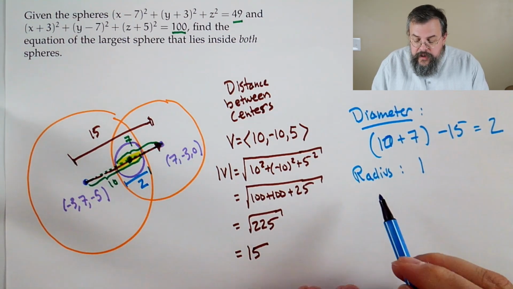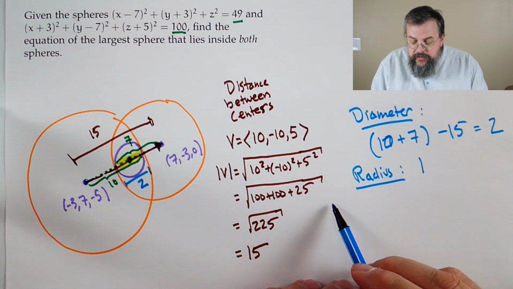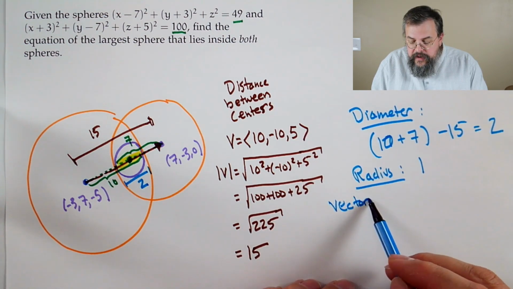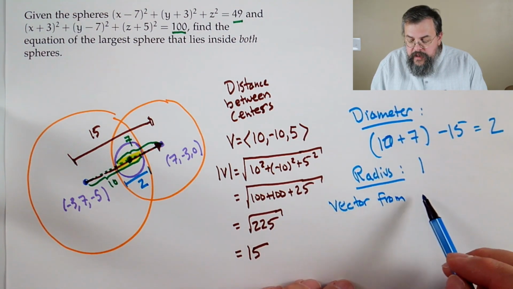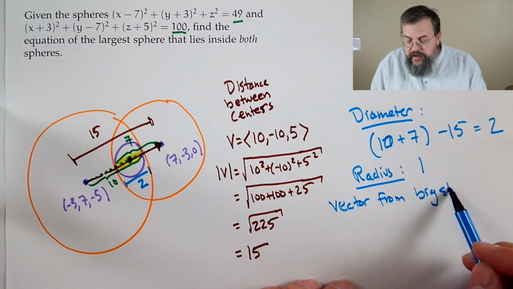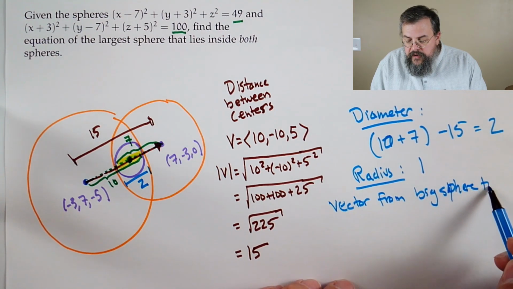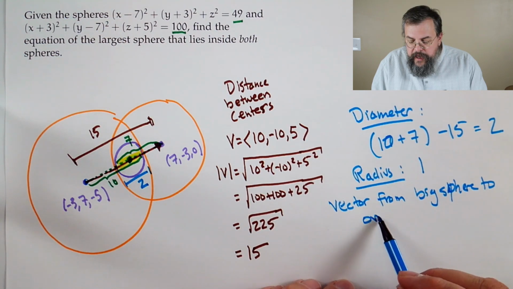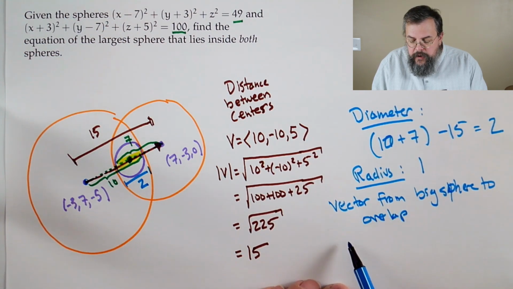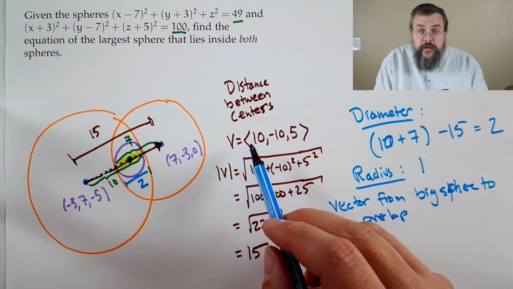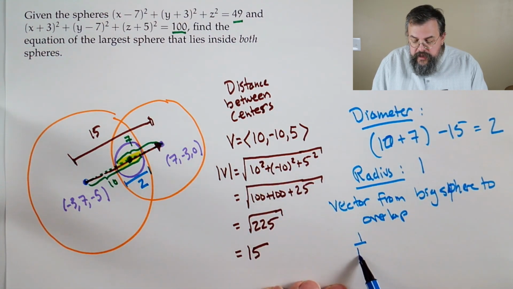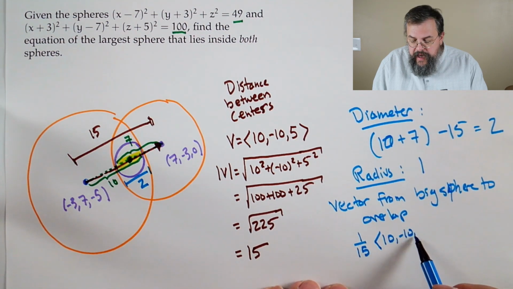So here we go. The vector from the big sphere to the center of the overlap, well, we're going to take our original vector between the two original spheres and scale it down. We're scaling it down by its magnitude.